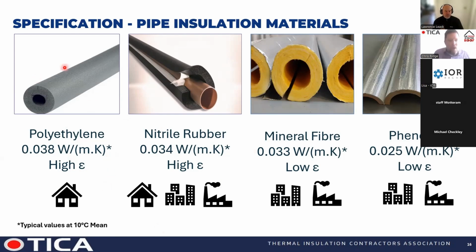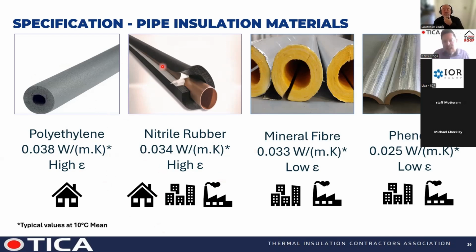And when we look at polyethylene, certainly for externally located applications like the main run from the heat pump, polyethylene can be a good material as long as it's UV protected and weather protected and so on. But it's a domestic product. It's not really suitable for a number of reasons around commercial and industrial applications.